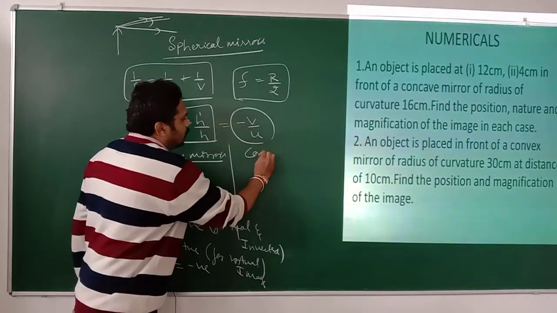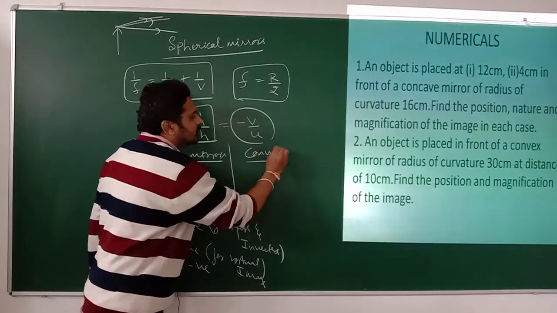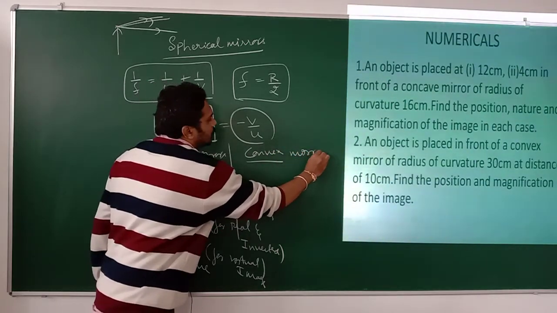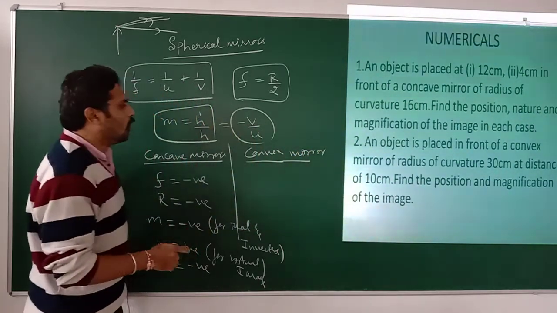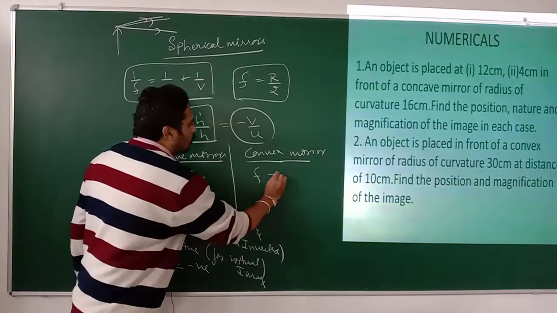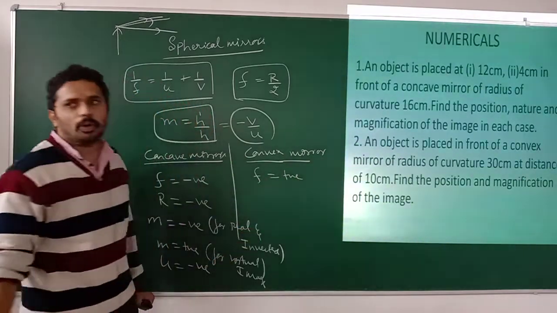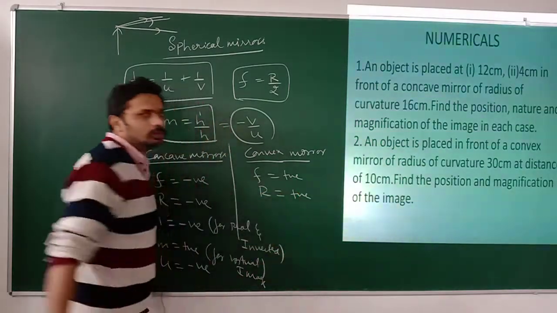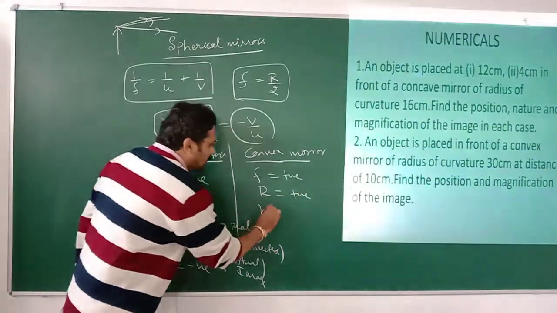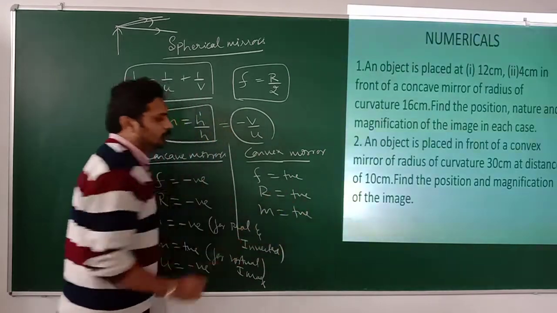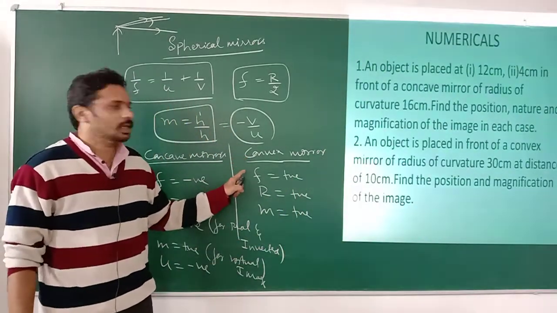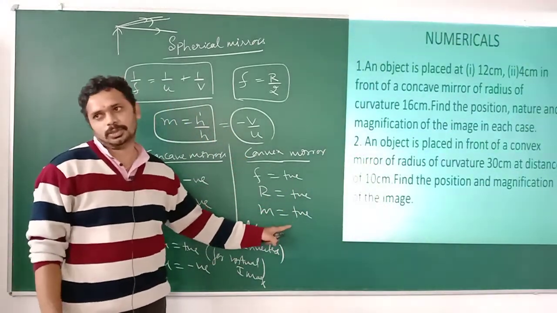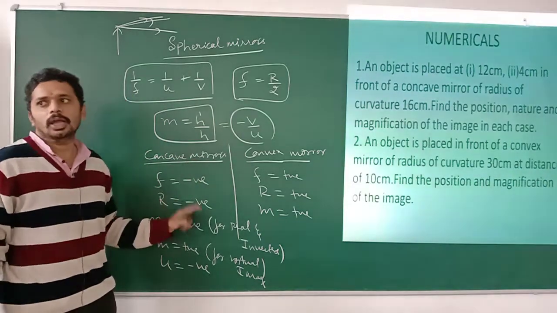Now the sign conventions for a convex spherical mirror. For a convex spherical mirror, focal length is taken as positive and radius of curvature is also positive. Here magnification is positive because in a convex mirror the image is always virtual, but in a concave mirror it may be real or virtual.